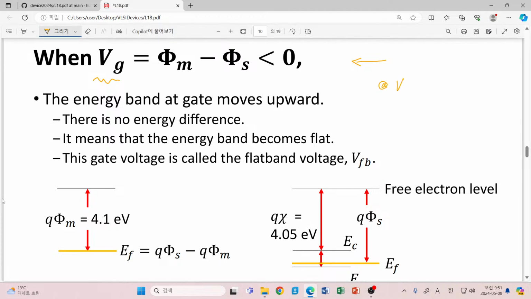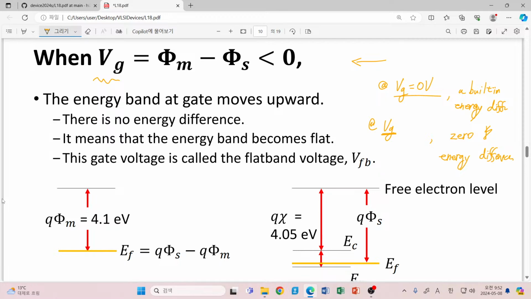At 0 volt of gate voltage, we have a built-in energy difference. So by adjusting a certain value of our gate voltage, we want to find 0 energy difference.